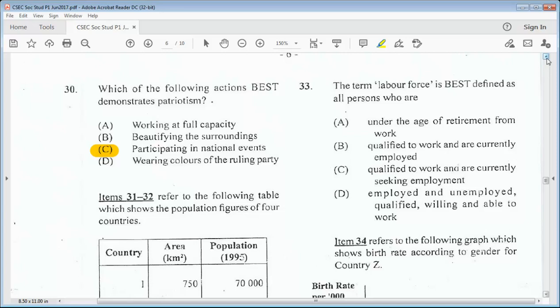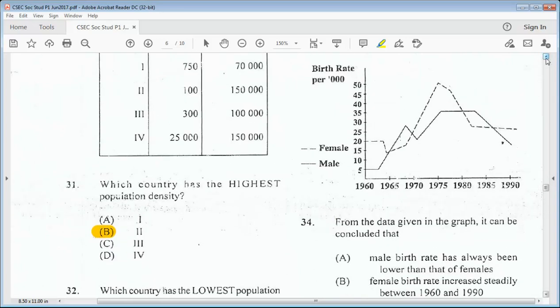So we know labor force, employed and unemployed, they are qualified, willing, and able to work. That would be your answer. All the others would be out. A, under the age of retirement from work, B, qualified to work and are currently employed, and C, qualified to work and are currently seeking employment, those would be out. D encompasses all the answers.